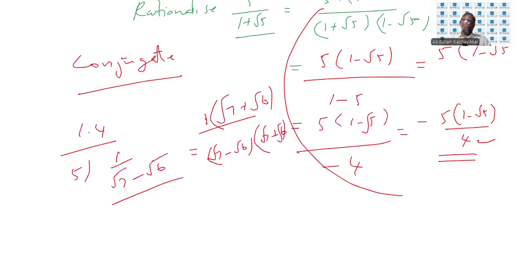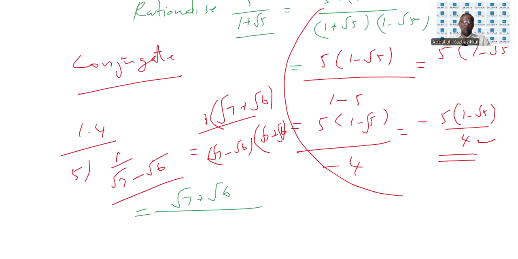So what are you getting now? 1 into the number is the number itself, divided by a minus b into a plus b, again a square minus b square.